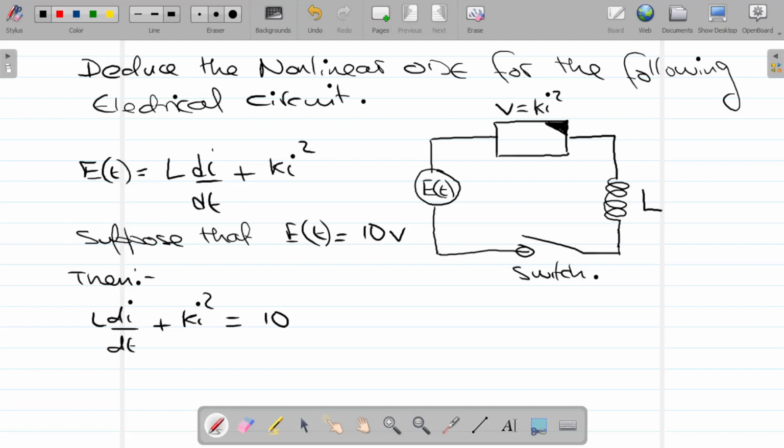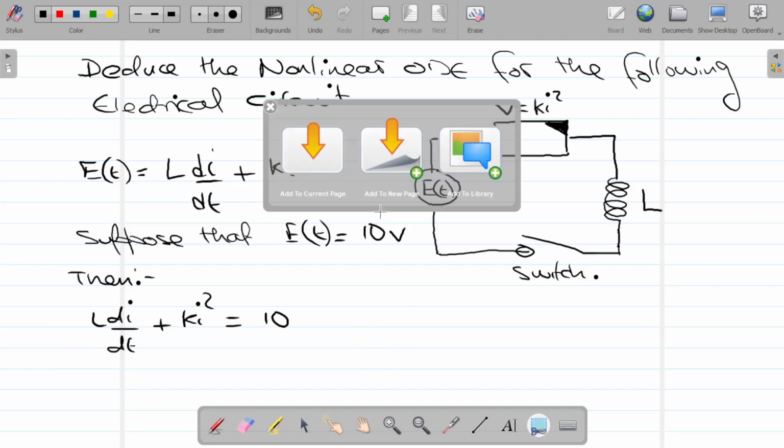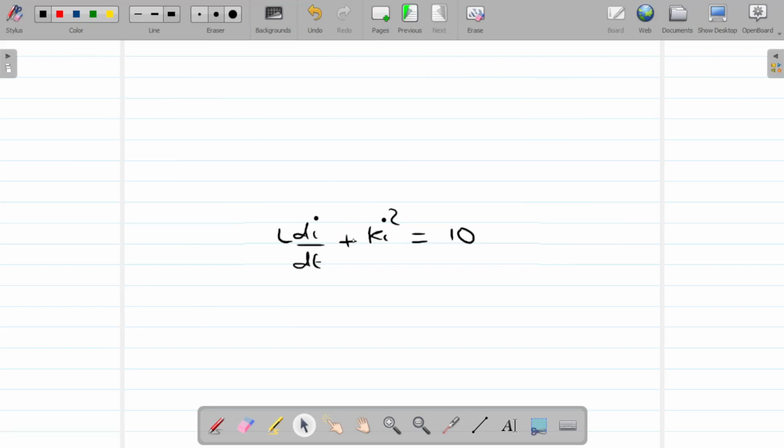What we're going to do now is cut and paste this equation, and have a go at solving it.